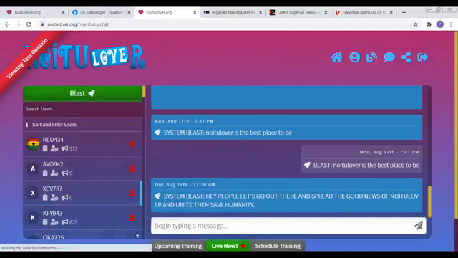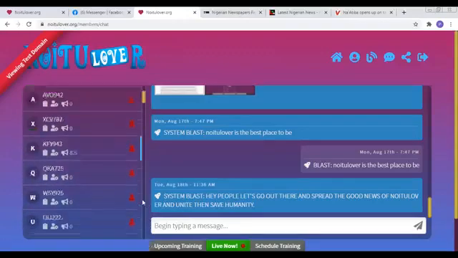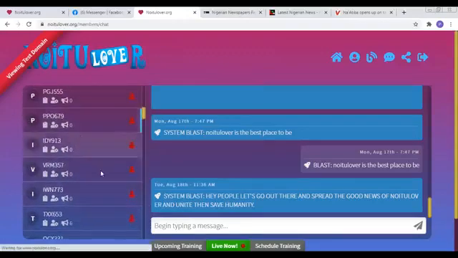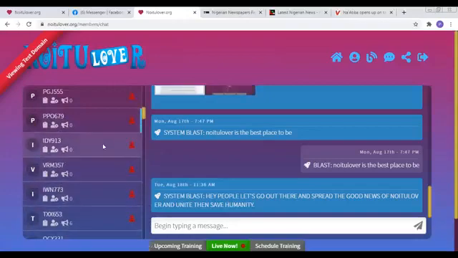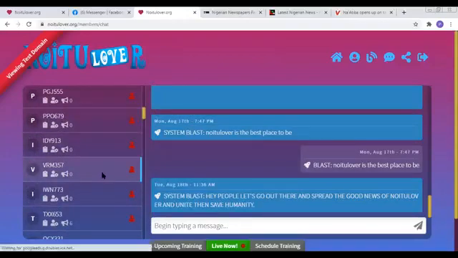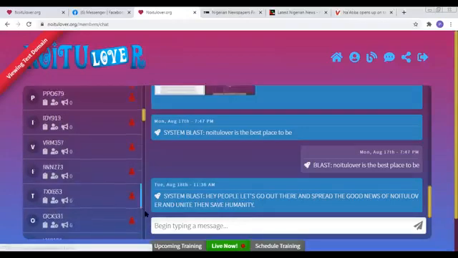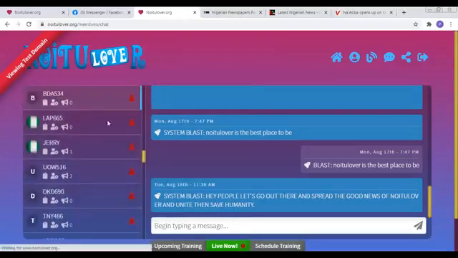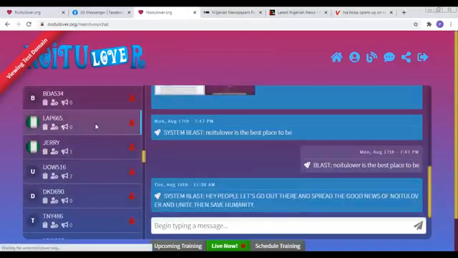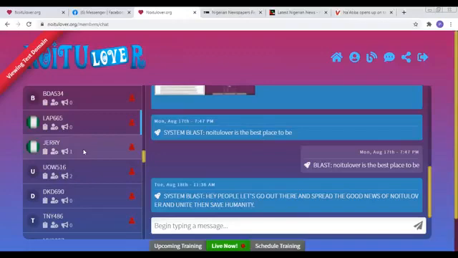Can you see? Look at it there. The blast is there. And you see the blast? Which means every member on this platform has received that message.